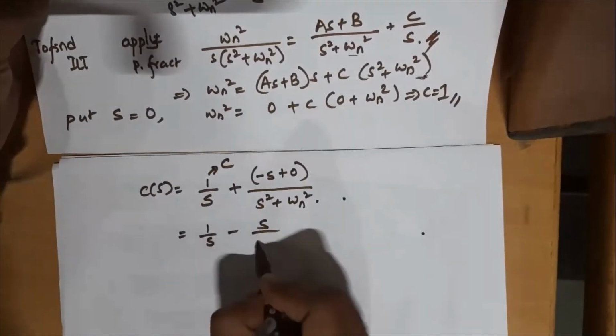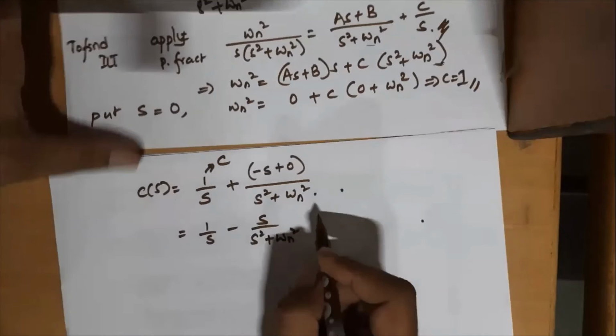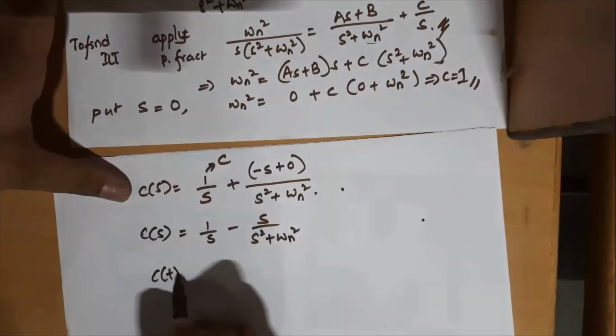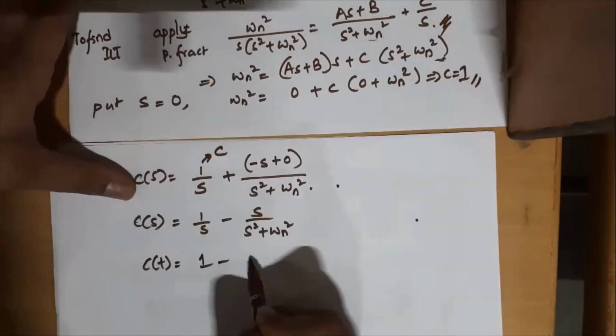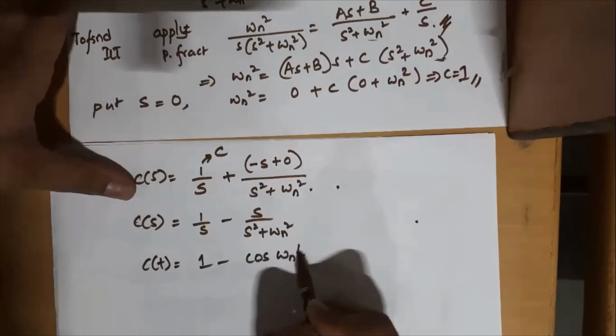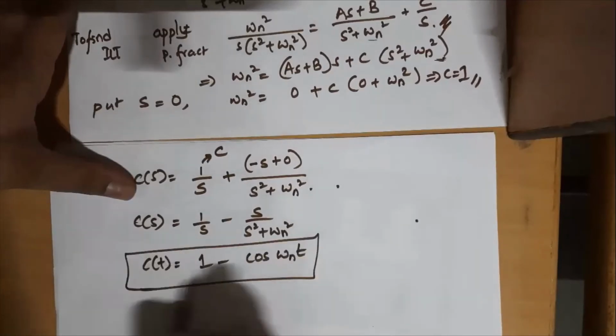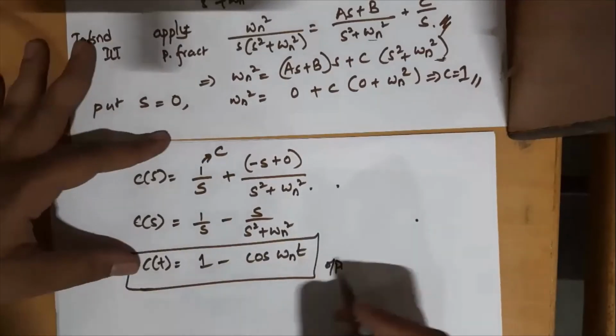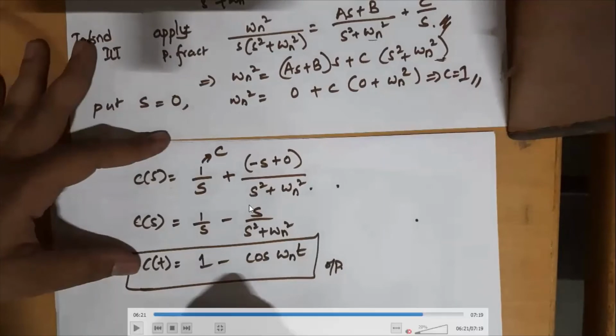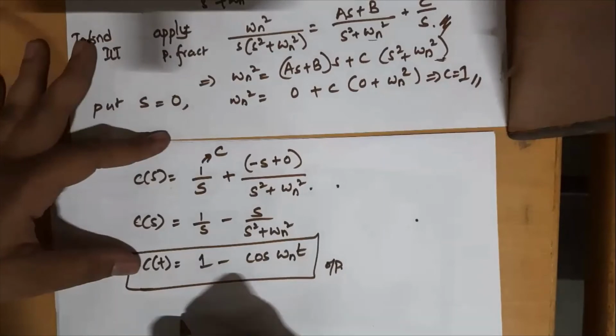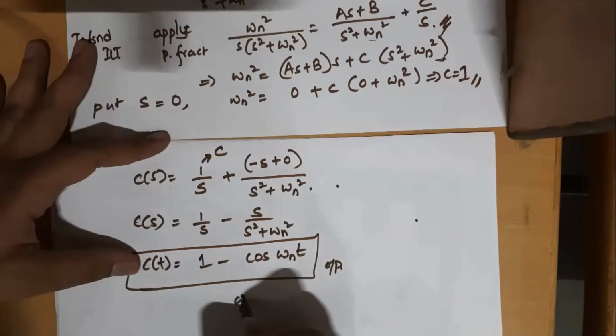So we have 1 by s minus s divided by s square plus omega n square. So this is C of s, and C of t is very simple. It's a direct Laplace inverse identity. You can find it in the list of Laplace inverse expressions. S divided by s square plus omega n square is cos omega n t. So I hope there is no doubt regarding this.